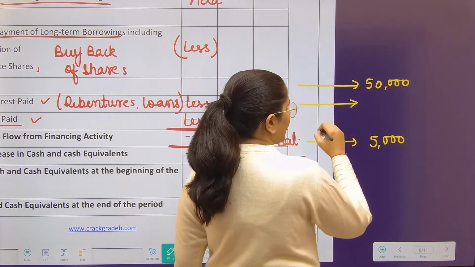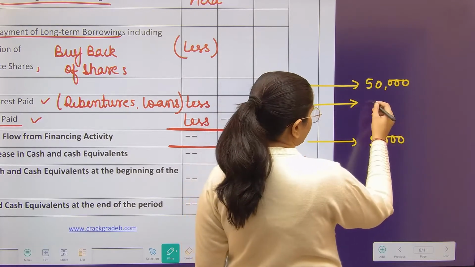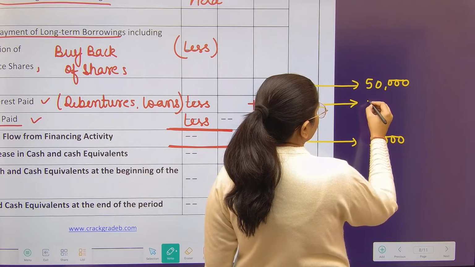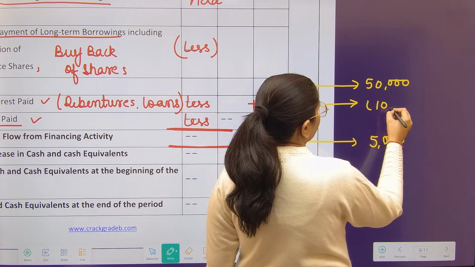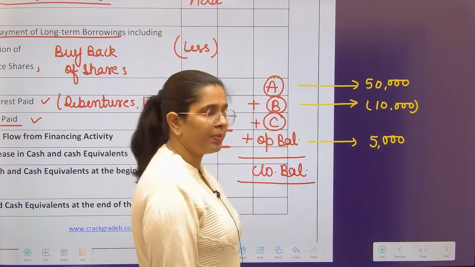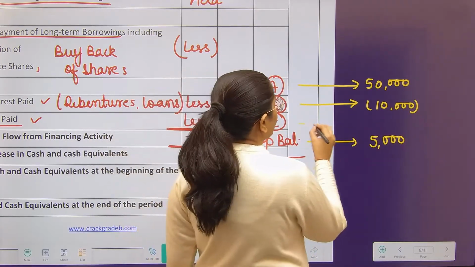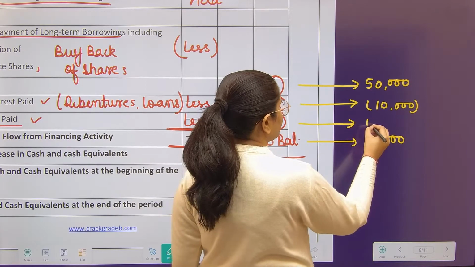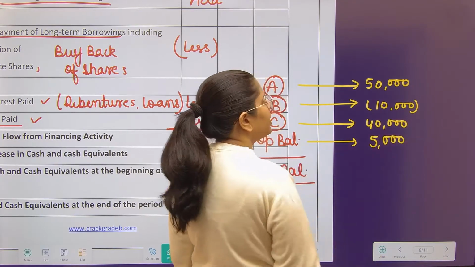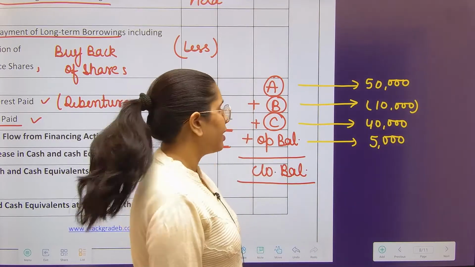In investing activity, because I have made investments, I am short of 10,000 rupees, correct? And in my financing activity, I have raised finances of 40,000 rupees, right?